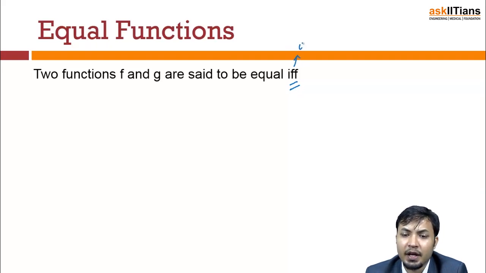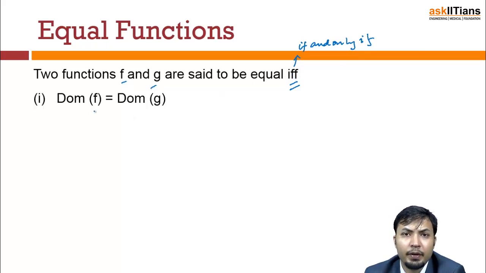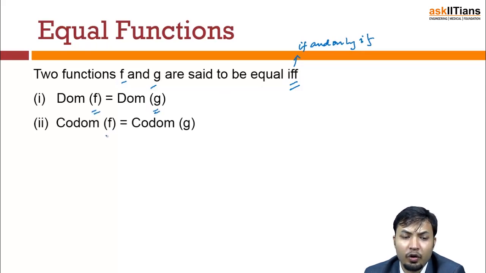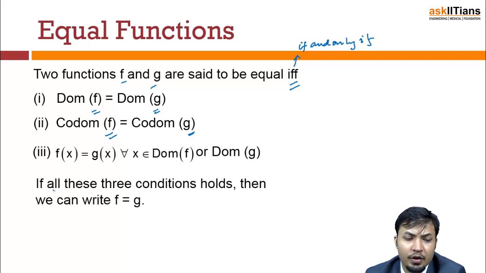Two functions f and g are said to be equal if and only if the domain of f is equal to the domain of g, the codomain of f is equal to the codomain of g, and f(x) equals g(x) for all x belonging to the domain of f or domain of g. If all these three conditions hold, then we can write that the two functions are equal, that is f is equal to g.